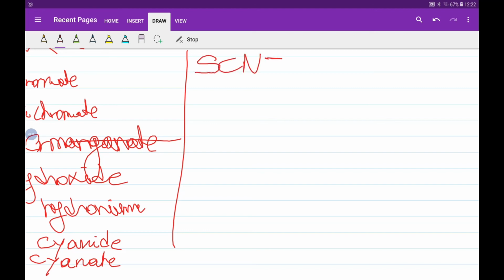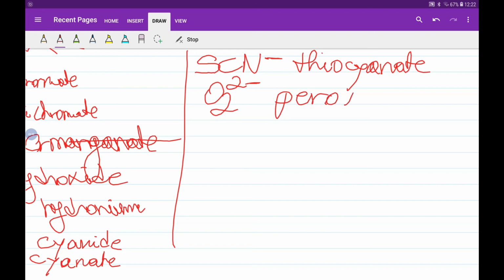SCN minus, thiocyanate. We have O2 2 minus, peroxide.